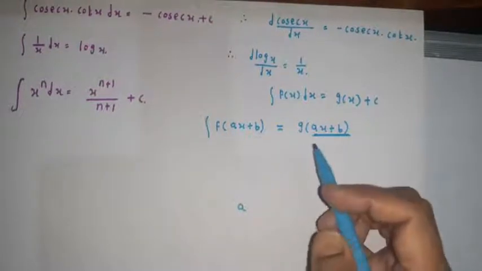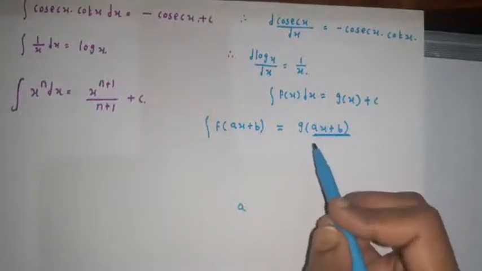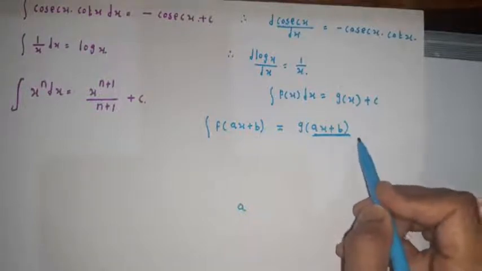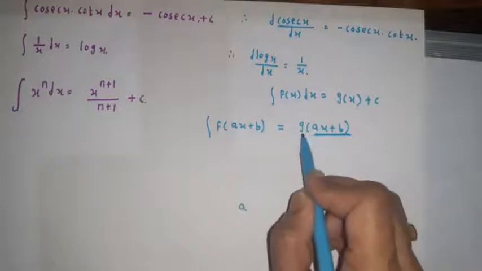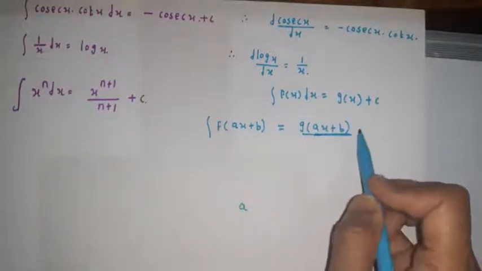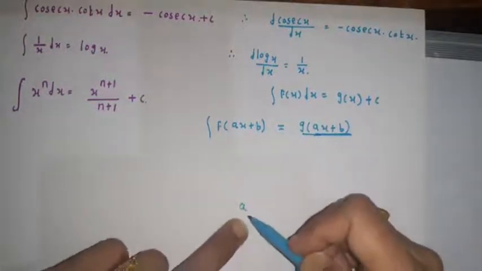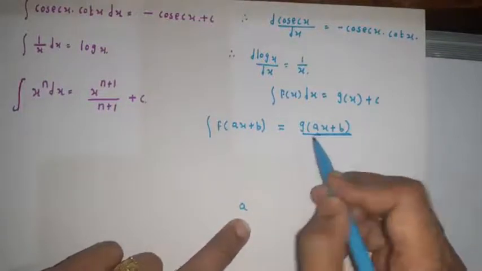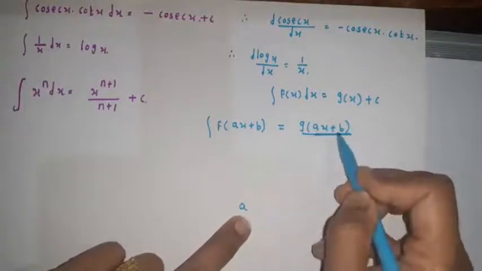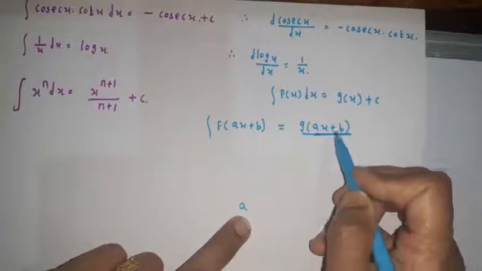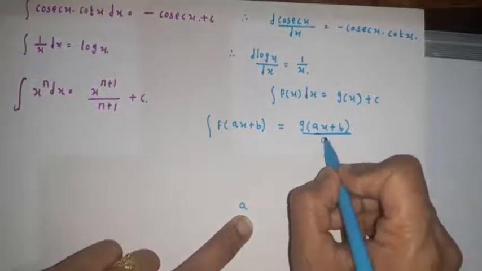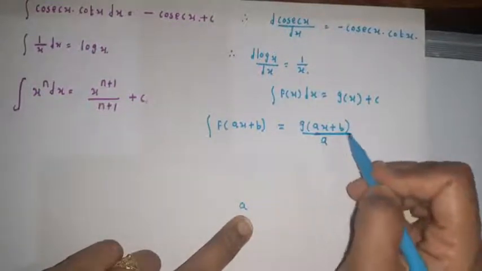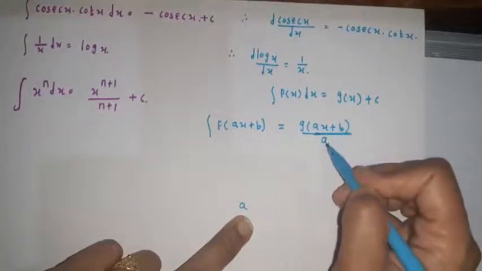Okay, and when we solve the problems related to differentiation, we multiply into this differentiation, but in integration, suppose here ax plus b is a differentiable function and its differentiation is a, in integration divide it by a, g of ax plus b upon a.